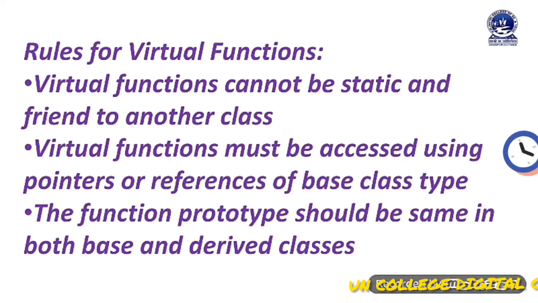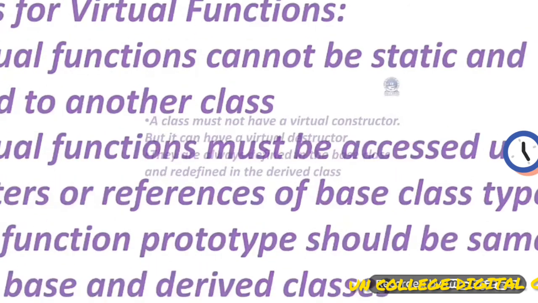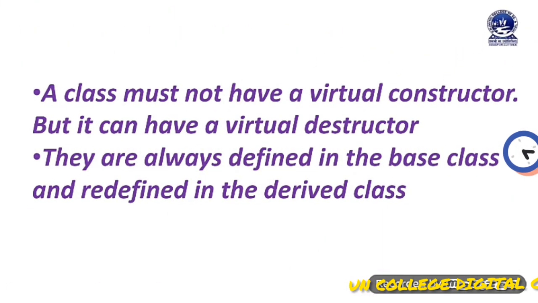Obviously, it is compulsory to use a base pointer. The function prototype should be the same in both base and derived classes. Obviously, because it is implemented on the basis of function overriding, and overriding says that you have to use the same function prototype name in both base and derived class.